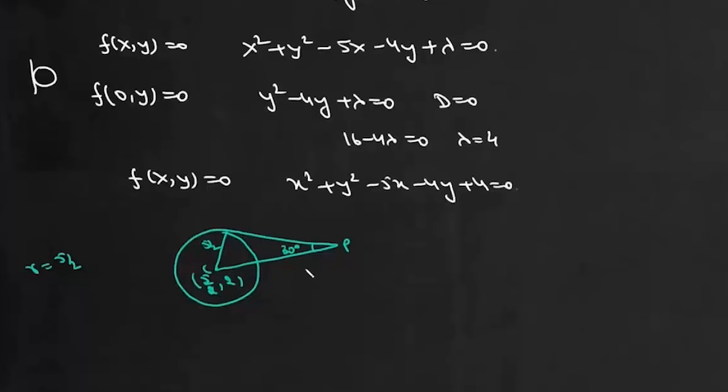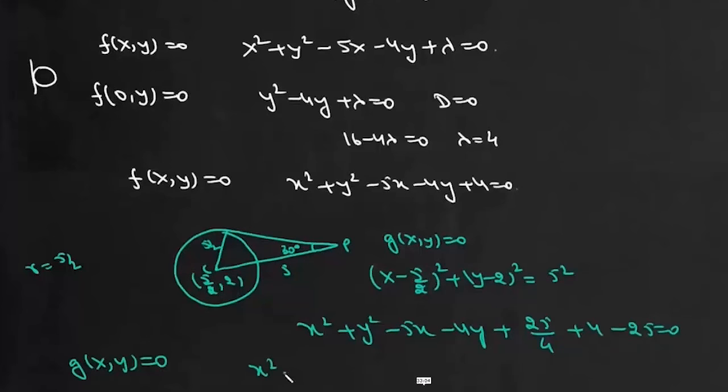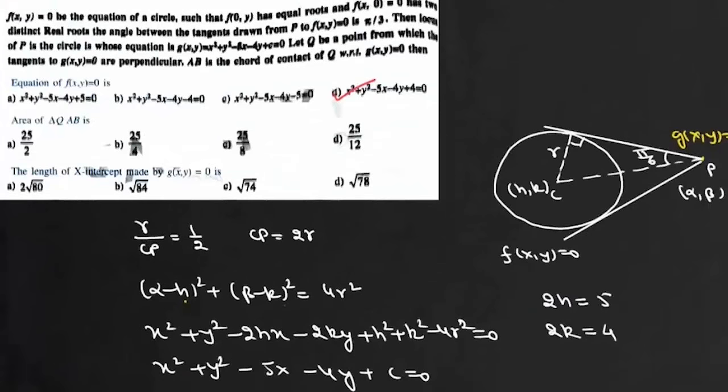So this CP will be simply 5. So g(x,y) equals 0 will be (x minus 5 by 2) square plus (y minus 2) square equals 5 square. So this is the equation of g(x,y) equals 0.